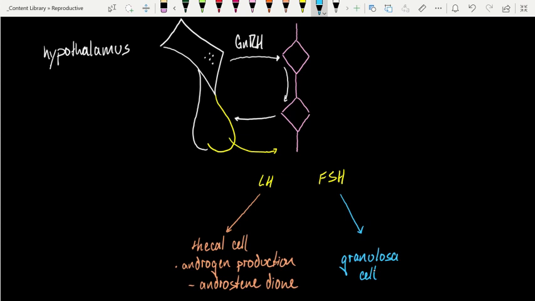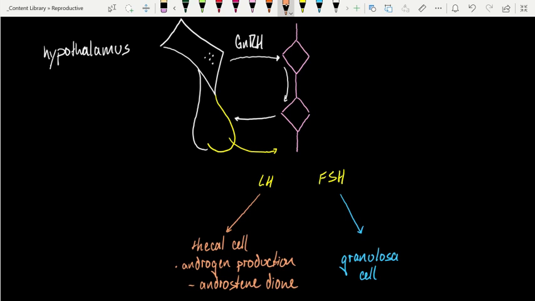Now, we do see some differences in how the system is regulated, certainly in males versus females. If you recall, in males, testosterone production by Leydig cells was the key regulator providing inhibition on GnRH and LH.